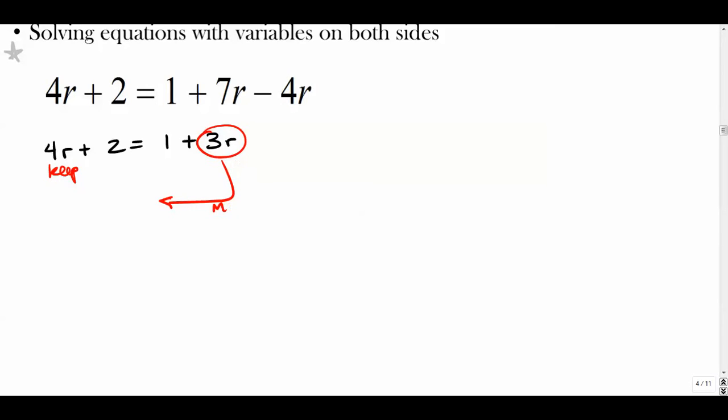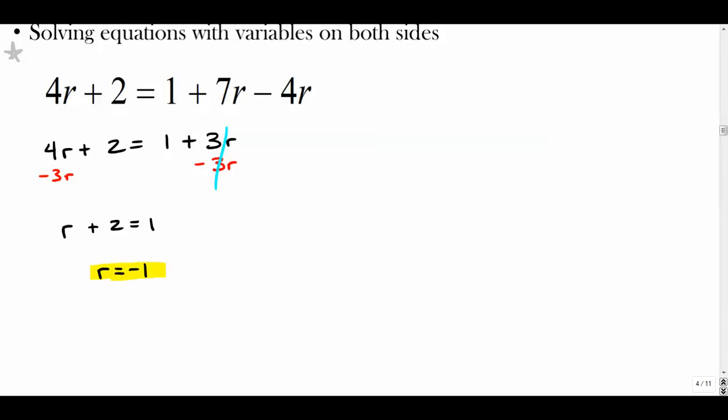So instead of just moving it over, we're going to use the inverse of a positive 3r, which is a negative 3r. So I'm going to subtract 3r from both sides. What that gives me is 4 minus 3 is 1r, plus 2 is equal to 1. And of course, these cancel. Subtract 2, 1 minus 2 is negative 1.